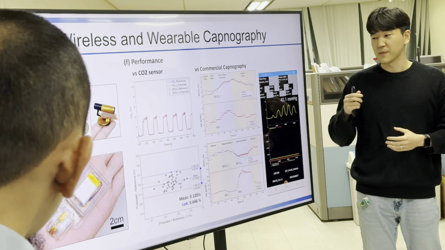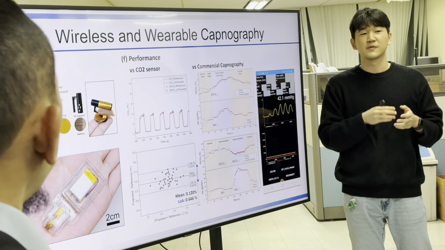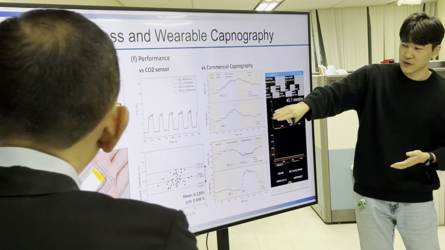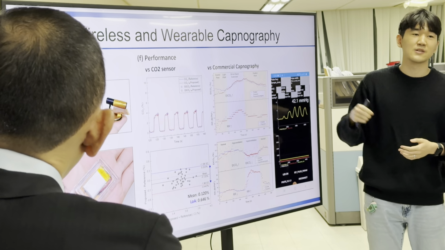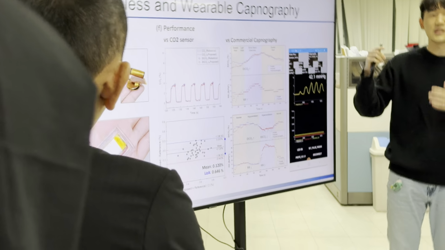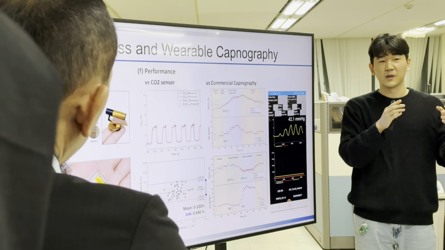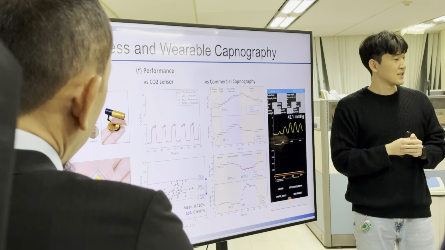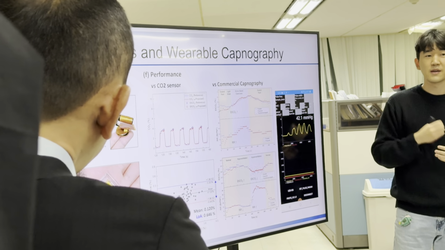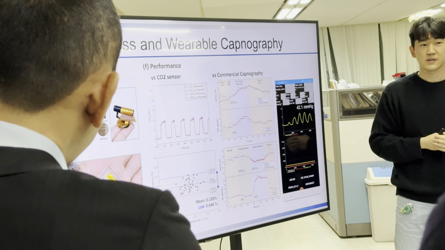The limitation of our prototype is that we still need a little bit of time for the device to be stabilized. But as you can see, after the initial stabilization... Why is the other one stable from the beginning? Oh, that's because we started recording the other device earlier, in advance of our device. Around 60 seconds. Yes, I think that's the possible cause for the difference between those two graphs.